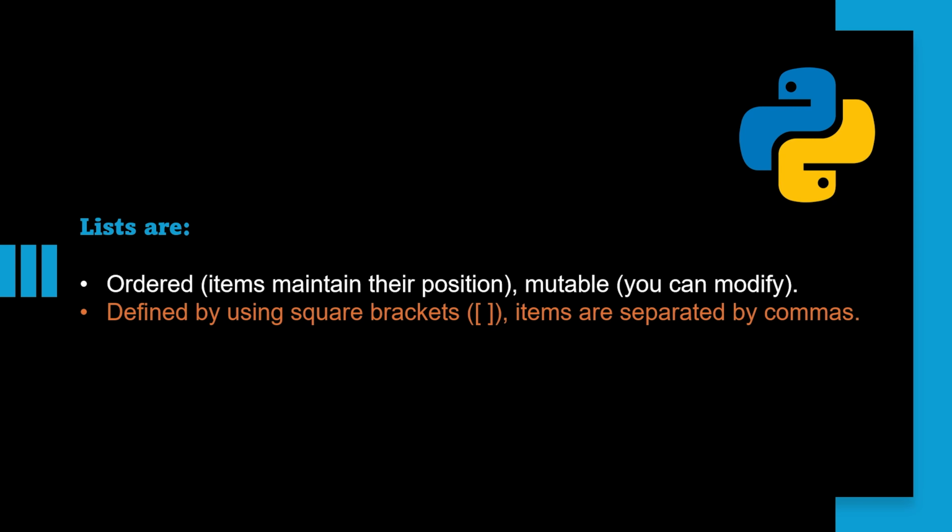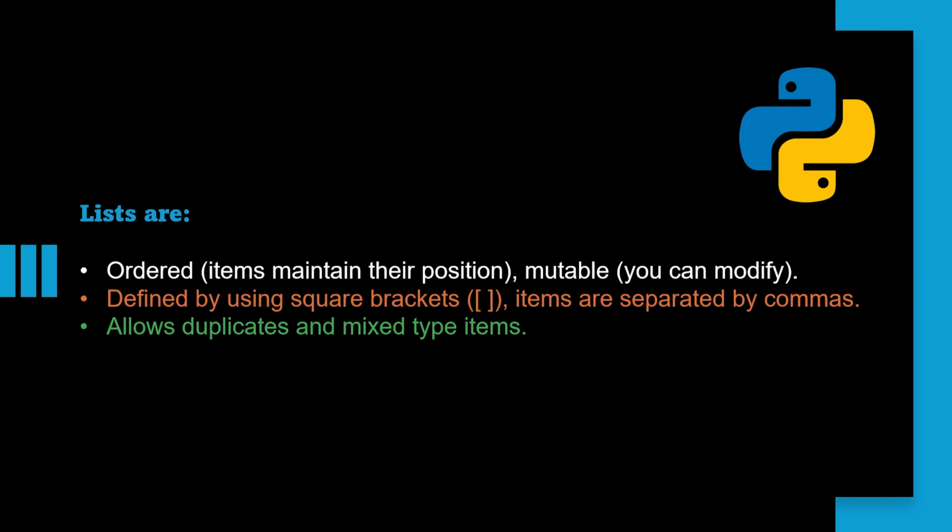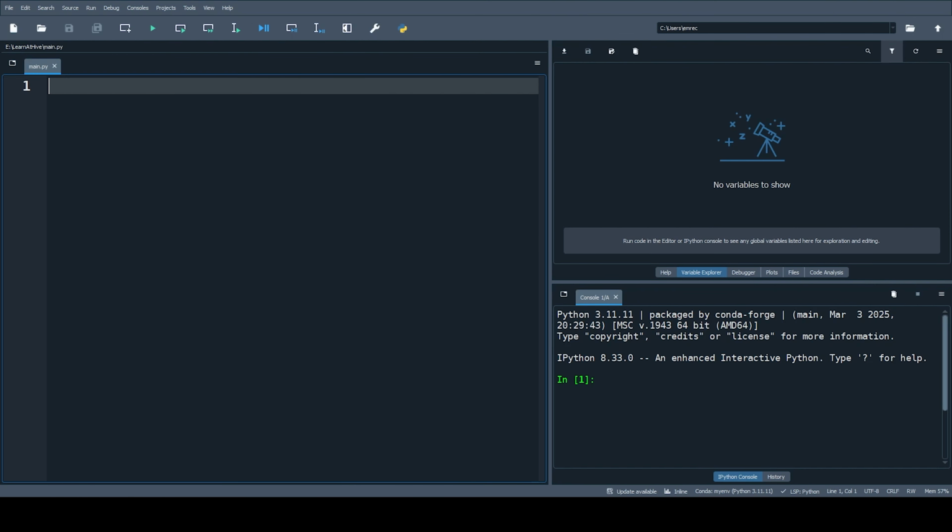This is very easy, even for someone who hasn't started Python yet. It also allows duplicates and mixed type items. So you can store a string, an integer, and maybe another list in a single variable, and you can have the same item multiple times. Let's start by creating a list of superpowers related to a game like this.